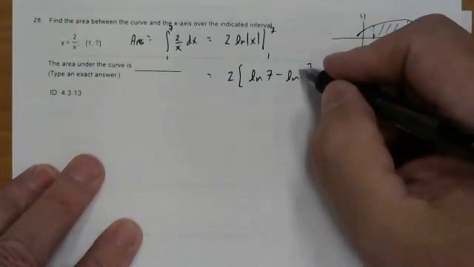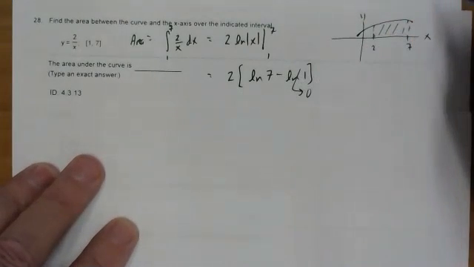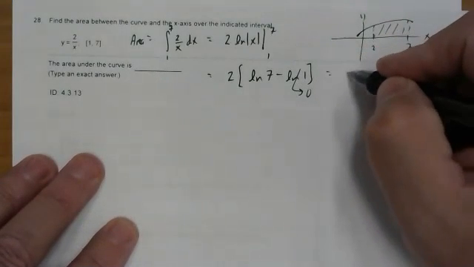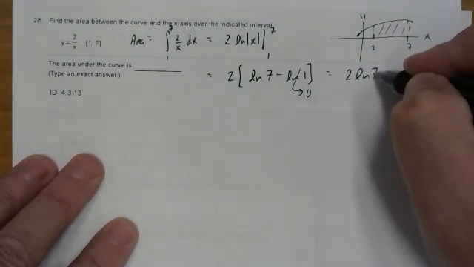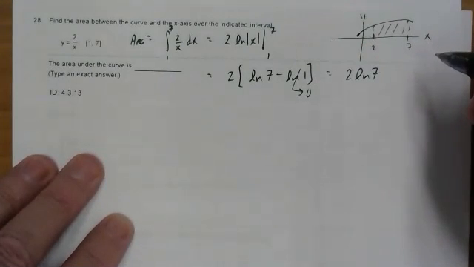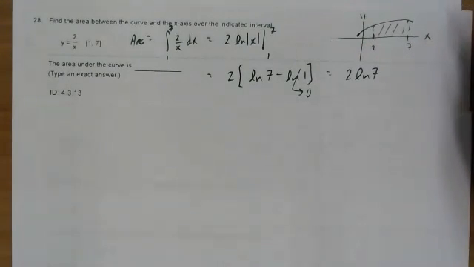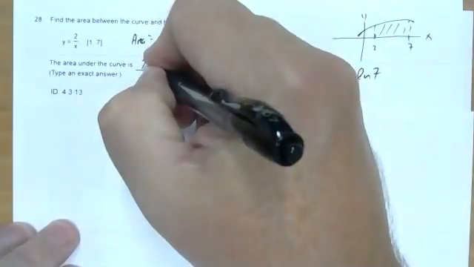Now natural log of 1, hopefully you know this, is 0. So if we didn't mess up, hopefully the answer is 2 natural log 7. And that is correct.